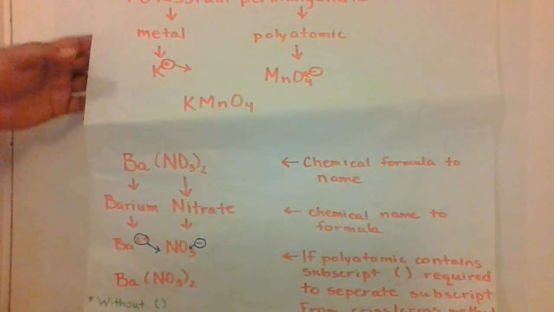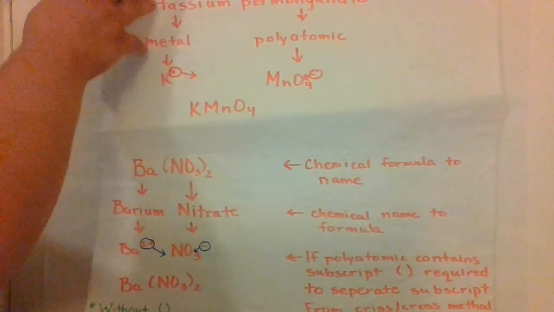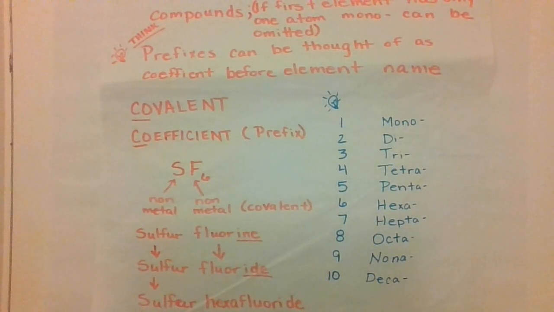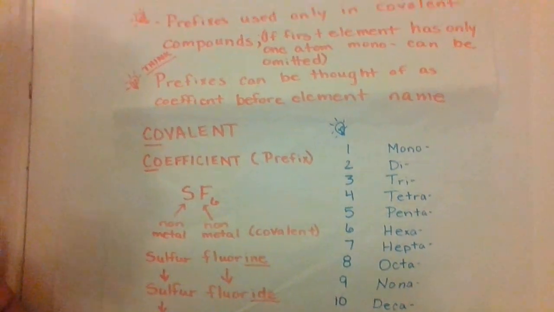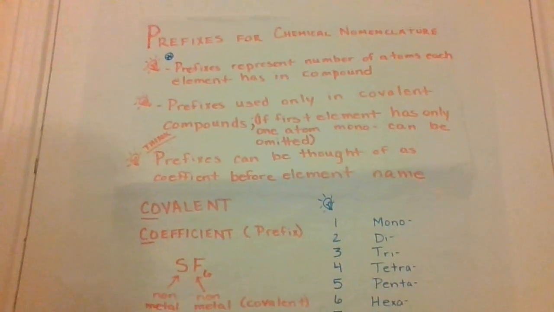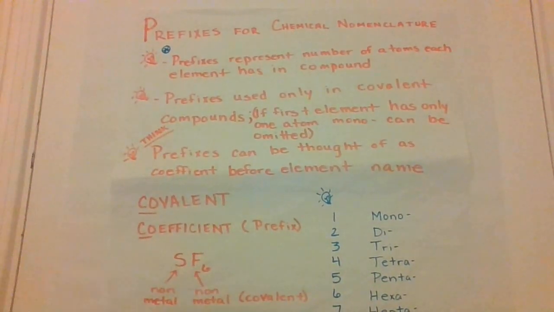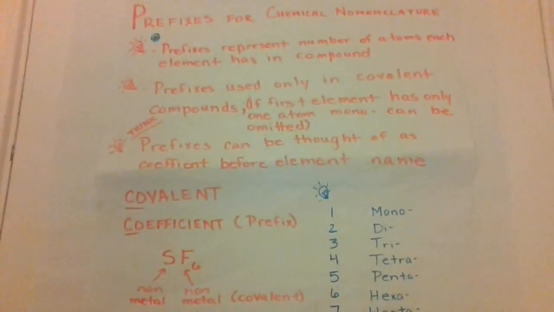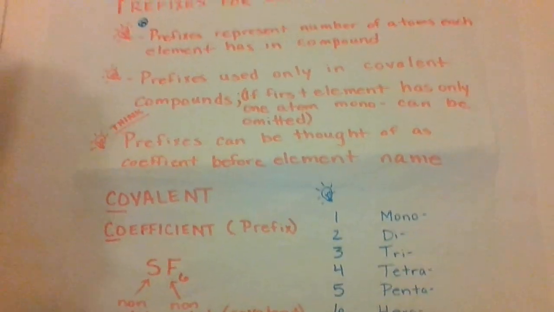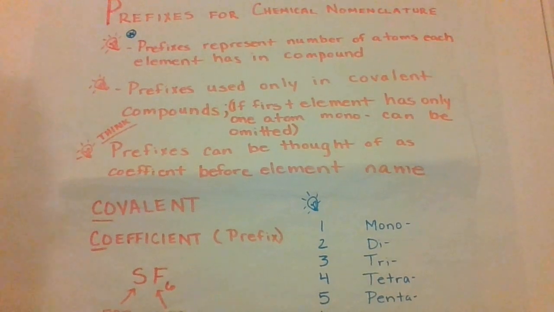All right, so now the last one is going to be our covalent compounds. And here you see at the very beginning of this post-it note, it discusses prefixes for chemical nomenclature. These are going to be the prefixes used for covalent compounds.